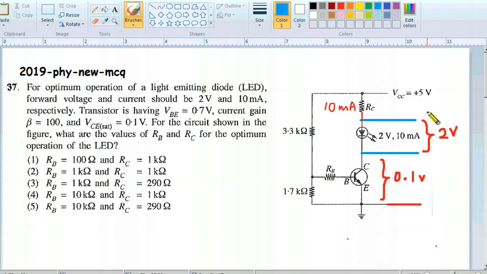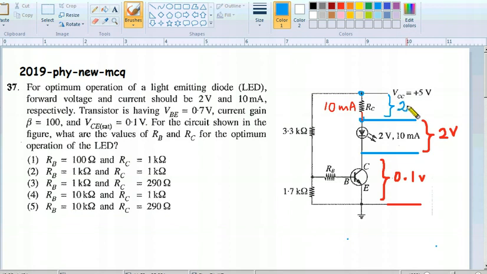First let us subtract this 2 volt because that is easy. Then 2 from 5 is 3. Then from that 3 let's subtract this 0.1 volt, then 2.9 volt here in between these points. These points, the voltage is 2.9.